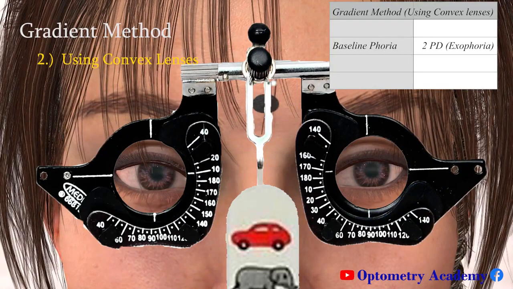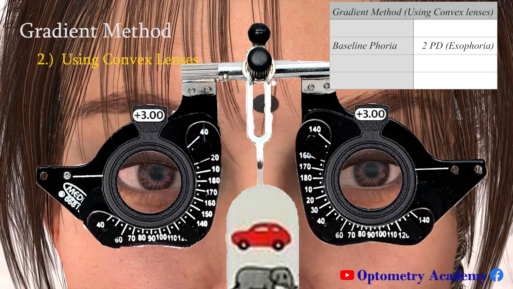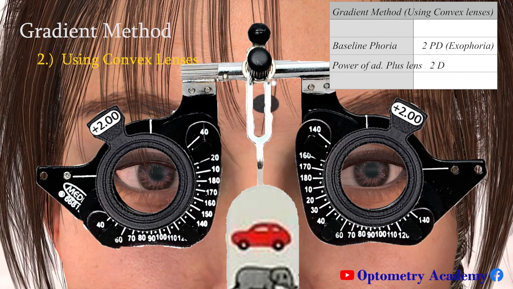Now add plus lens +1 or +2 or +3, any of them in front of eye binocularly. Here I am placing +2 diopter lens in the trial frame and ask the patient to fix on same accommodative target.